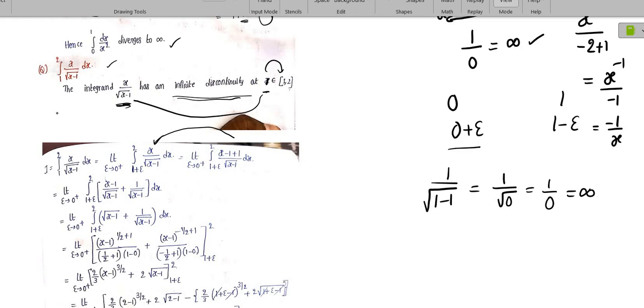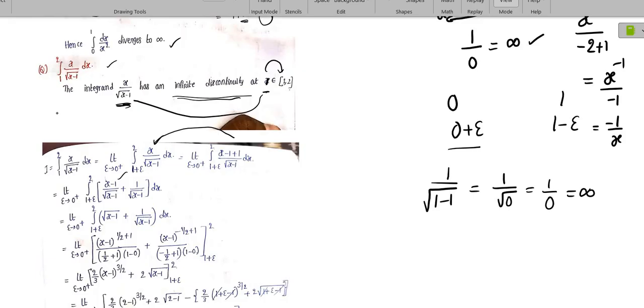If I cancel plus 1 and minus 1, then I am getting x only. So next I am splitting this fraction as x minus 1 by root of x minus 1, plus 1 by root of x minus 1. The integration limit is the same, and the limit also the same.